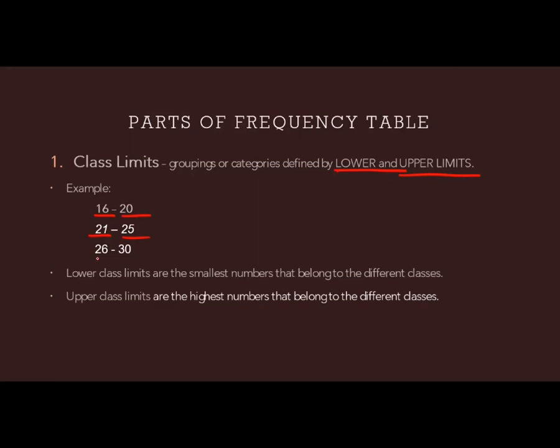Same for 26 to 30. 26 is the lower limit, 30 is the upper limit. So the lower class limits are the smallest numbers that belong to the different classes, and the upper class limits refer to the highest numbers that belong to the different classes.